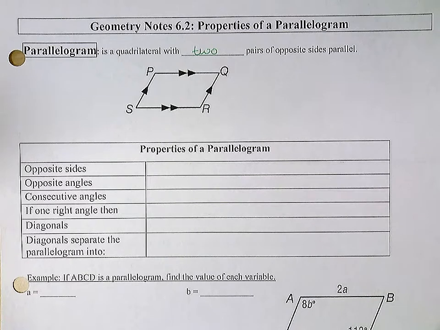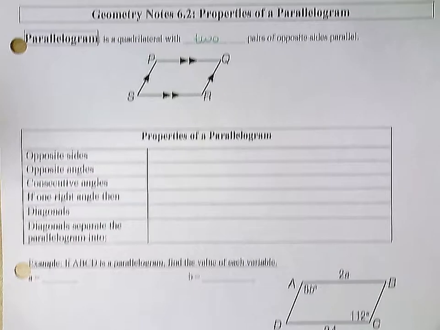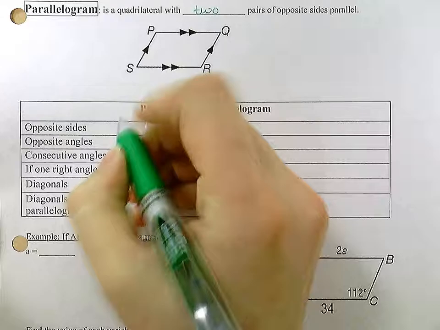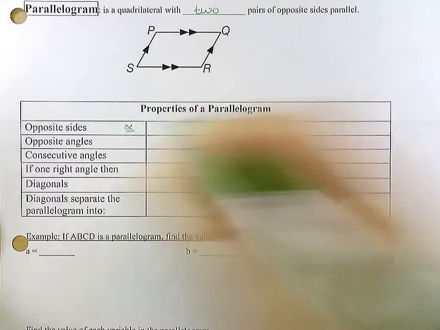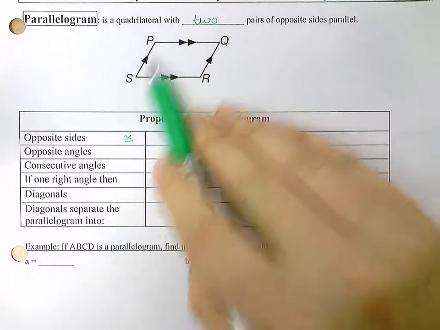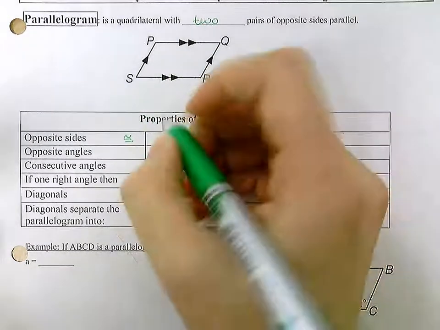I do have a chart here of the different properties of parallelograms. Your opposite sides in a parallelogram are congruent. So if I look at the picture above, I have opposite sides PS and QR.